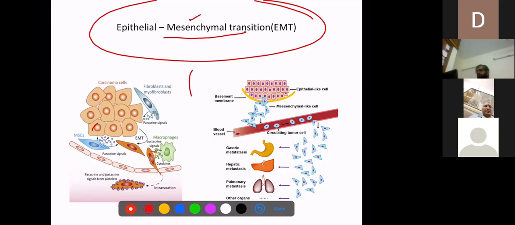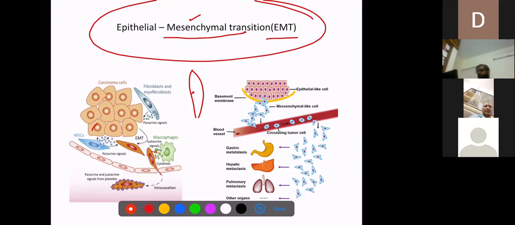Mesenchymal cells are usually spindle shaped. This epithelial mesenchymal transition is very important in embryogenesis. In normal embryogenesis, cells generated elsewhere have to get transported elsewhere to produce the different organs in a normal fashion. This EMT is very important in normal embryogenesis as well as in cancer. In the case of metastasis, this epithelial mesenchymal transition plays an important role.